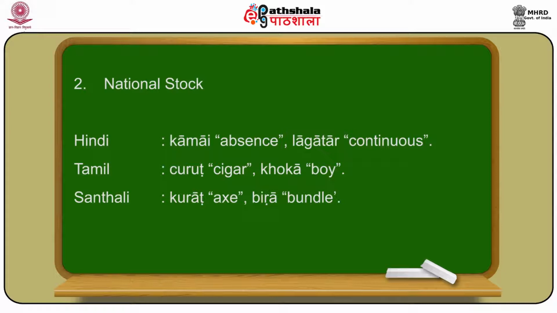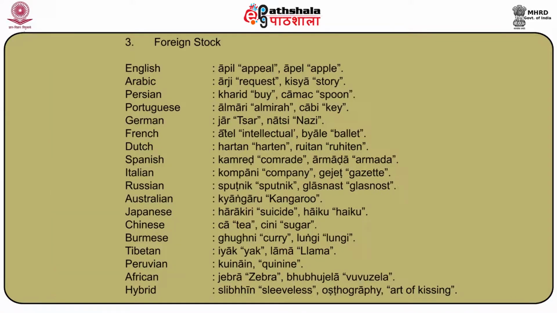So here for Bangla we can give some examples: the Hindi words Kamai and Lagatar are two very frequently used Hindi terms which come into Bangla. Or for Tamil, Churut and Koka, for Santali, Kurat and Bida are some of the examples which you can cite here. Finally, we have got another stock which we call the foreign stock.